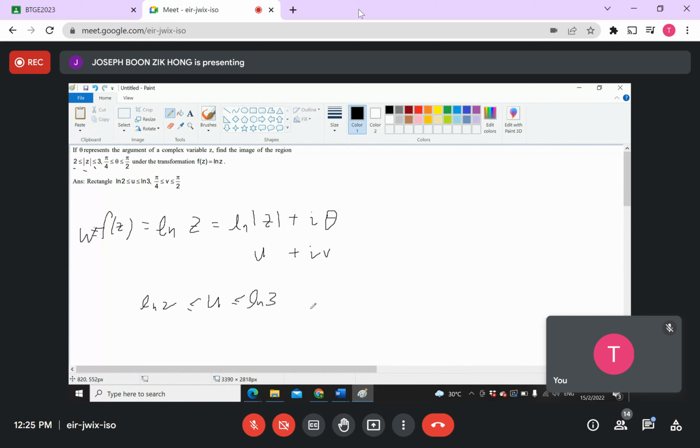Just that simple. And then how about your imaginary part, your v? Your v will be in between pi over 4 and pi over 2. Just that simple, because the formula is this one. So continue again, try to do the next questions.